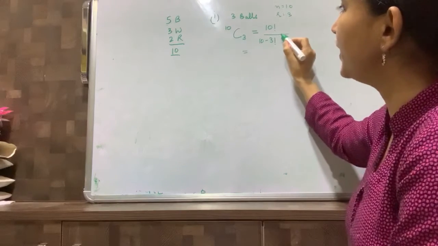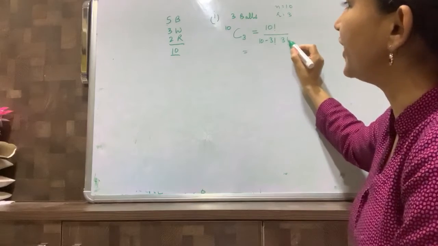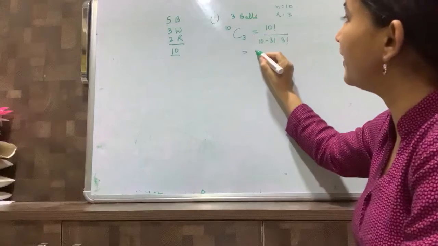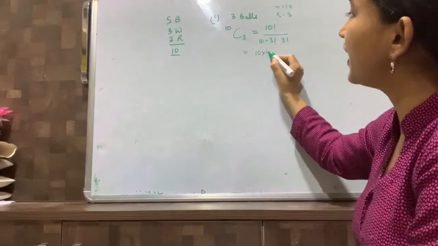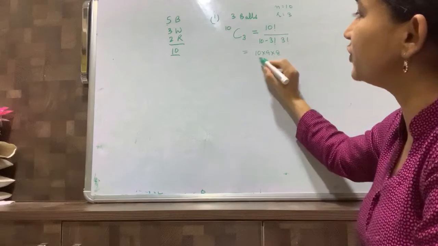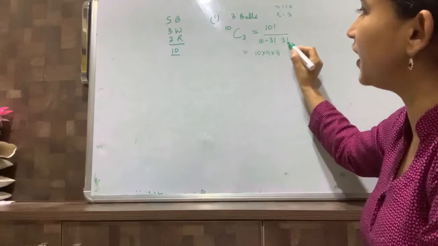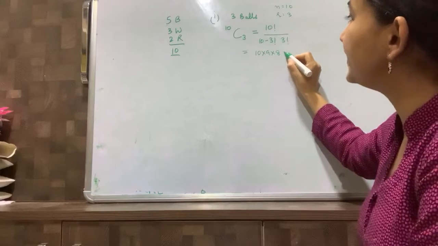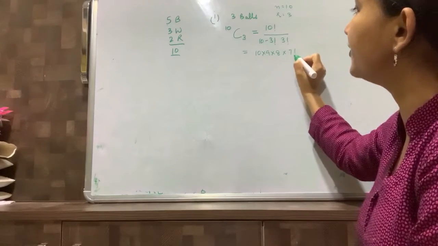So up to 3, that is R, you have to open the numerator. So we have 10 into 9 into 8. We just have to write 3 factors, right? As much as your R is, R is 3, you will write only 3 factors in the numerator. Then we will multiply this with 7 factorial.